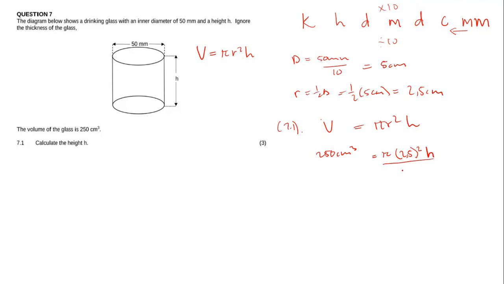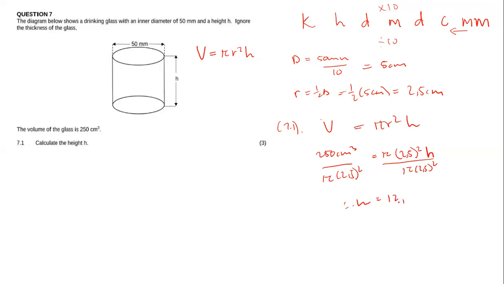I'm going to divide both sides by pi times 2,5 squared. Therefore, my h to 2 decimal places will be how much? Let's have a look. I'm going to say 250 divided by pi times 2,5 to the power of 2.